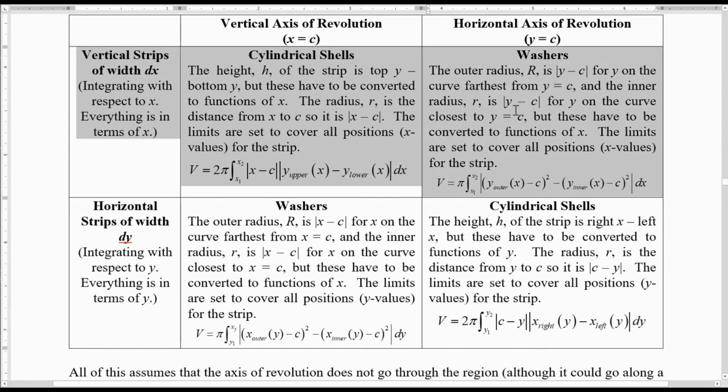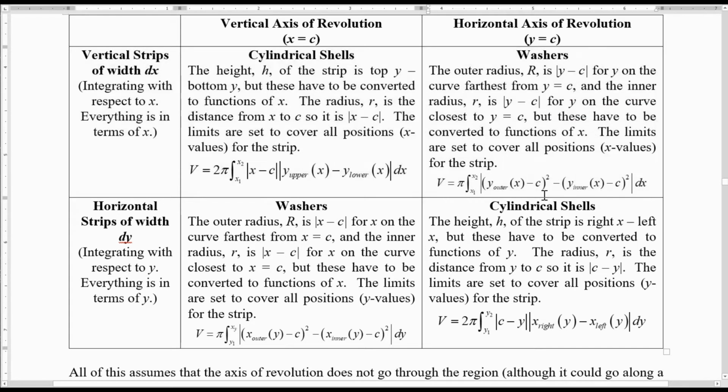If we're doing anything along here with vertical strips, everything has to be written in terms of x, and of course your dx is your teeny thickness that you have there. Okay, so anyway, there's the outer radius square, there's the inner radius square. Notice, if you're going just to the x-axis or to the y-axis, then these c's here are 0, but they could be some other number as well.